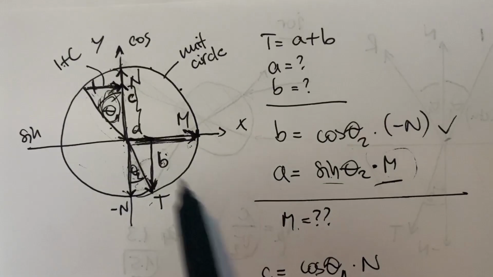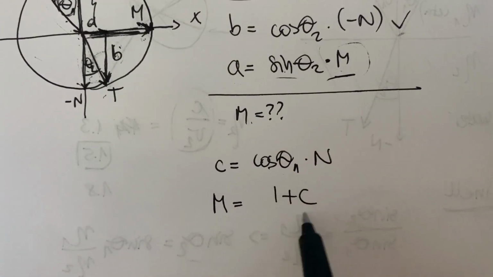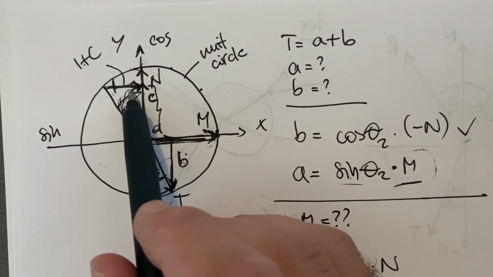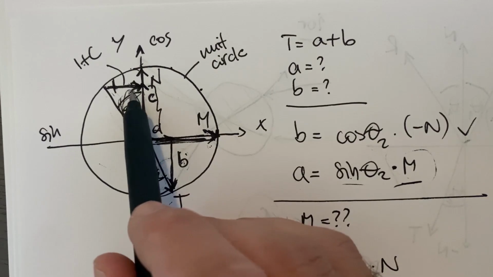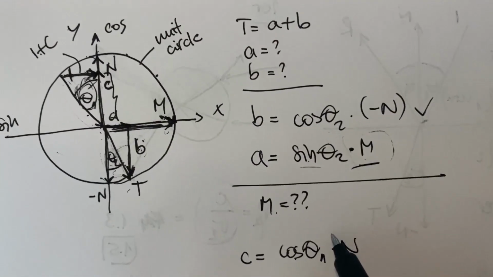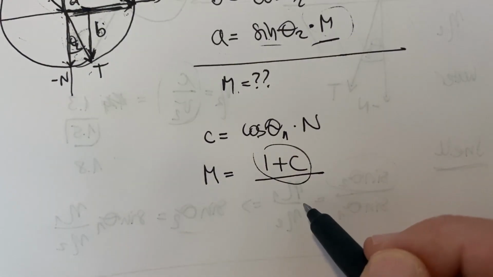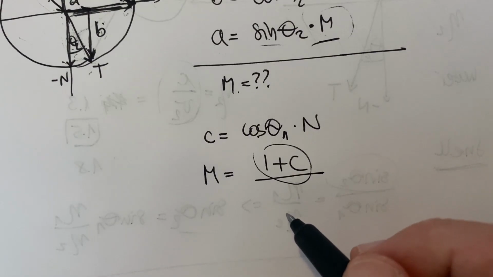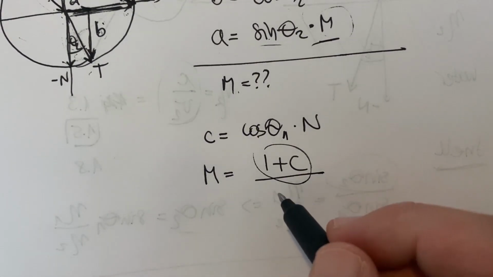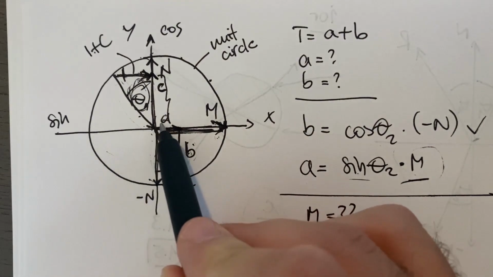But how do we get m? Well, we need to know the length of this I plus c and divide the thing by the length itself, because I plus c is a vector. If we divide it by its own length, we get a unit vector. It's gonna be one of length 1. And what is the length of this one? So this is the sine axis.